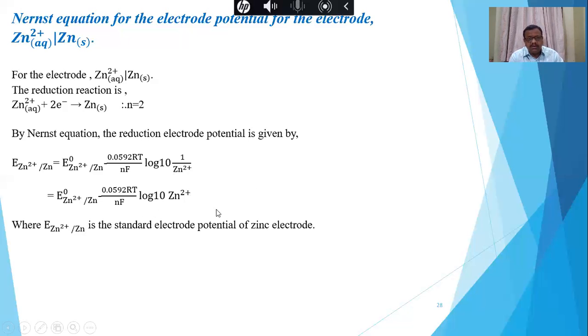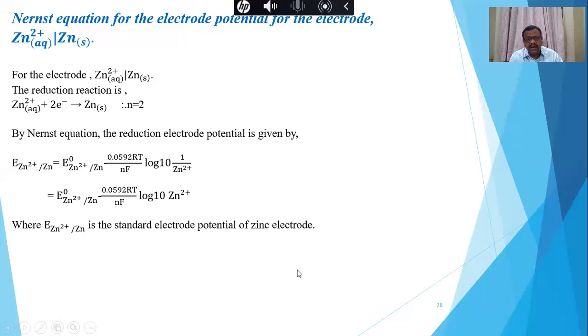If we substitute the number of electrons, then we get E standard Zn²⁺/Zn minus 0.0592 upon 2 log base 10 of 1 upon [Zn²⁺], where E standard Zn²⁺/Zn is the standard potential of the electrode.